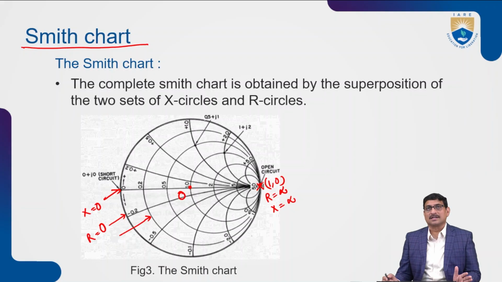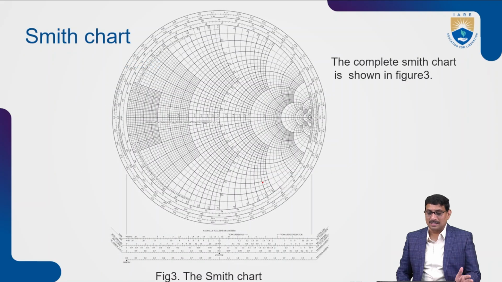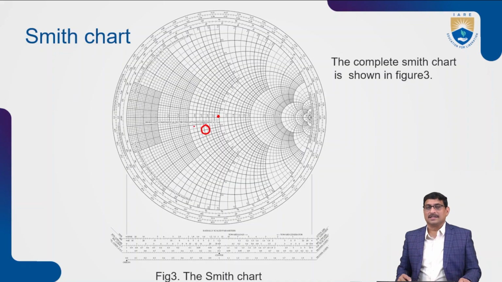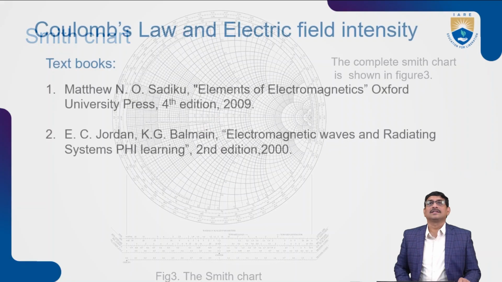Therefore, the Smith chart is a graphical representation of the superposition of both R circles and X circles. And this is the complete Smith chart, which consists of both R and X circles together, and this point is called the center of the Smith chart, right?